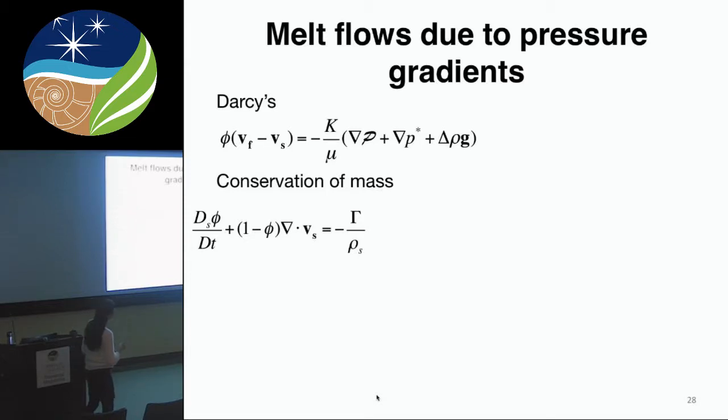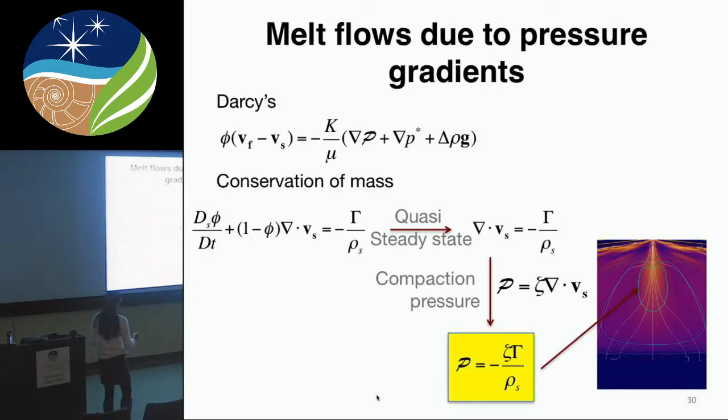So you have the Darcy equation again, and then you have conservation of solid mass. And so if you look at the models themselves, it's pretty steady. And so at quasi-steady state, you get rid of the time evolution of porosity. And what you're left with is this part here.